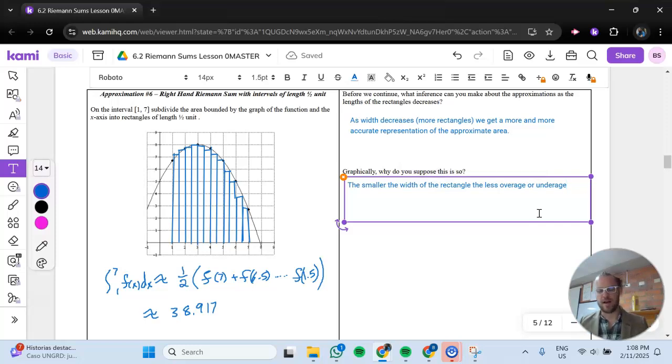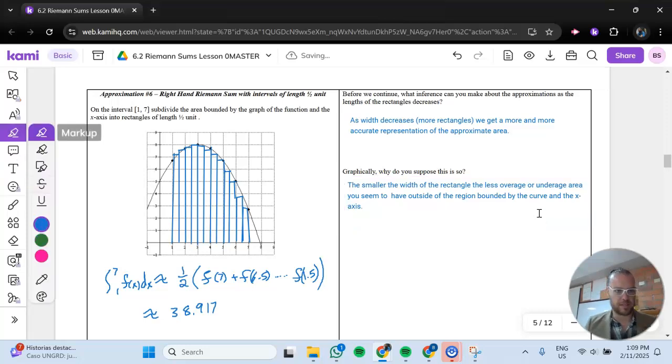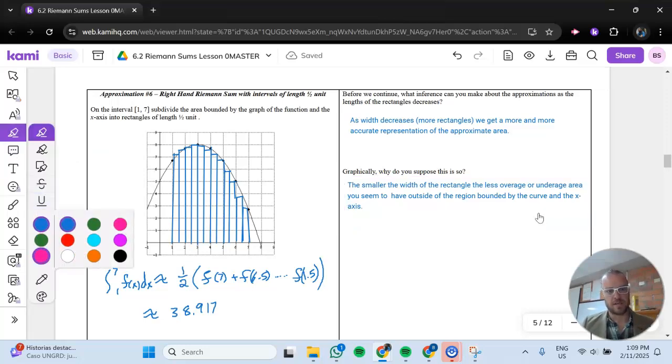So I'll highlight that afterwards, but underage is area you seem to have outside of the region bounded by the curve and the x-axis. So let's just quickly highlight that a little bit so you can see what I'm referring to there. So let's talk about this.